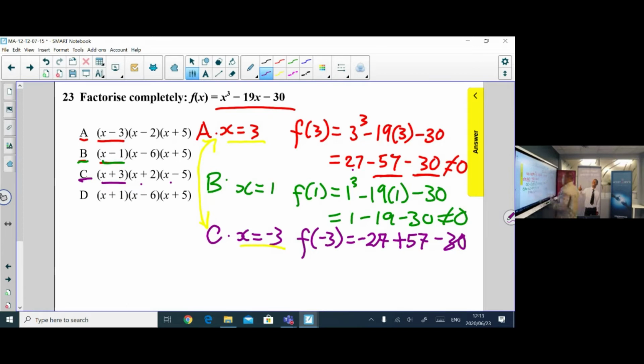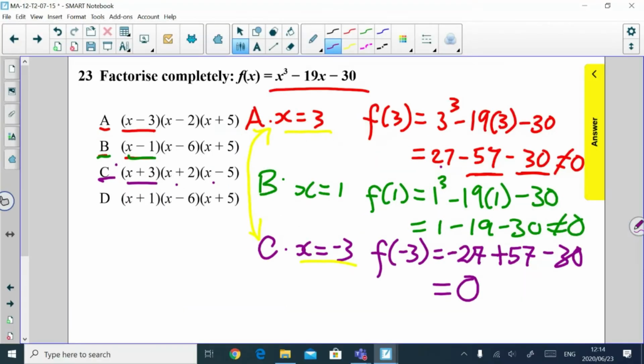So if you check here, you see that this satisfies the function to be equal to 0. So this is a very promising lead. You might need to check this one and then this one to be sure that everything is satisfying.